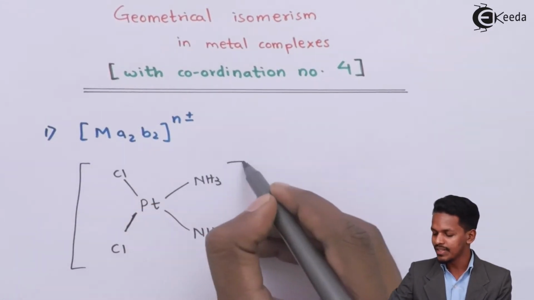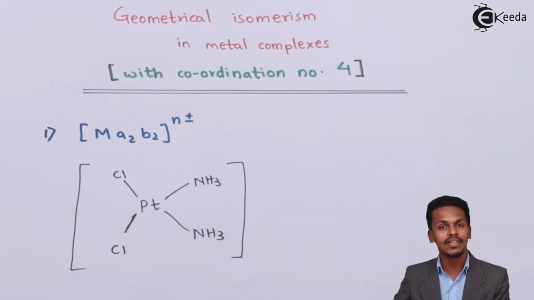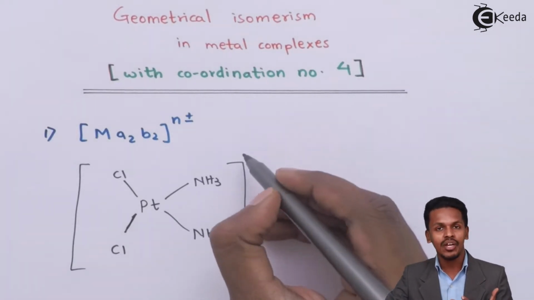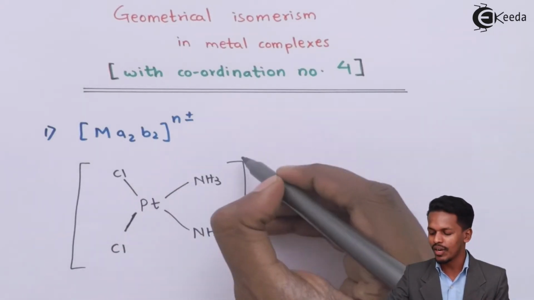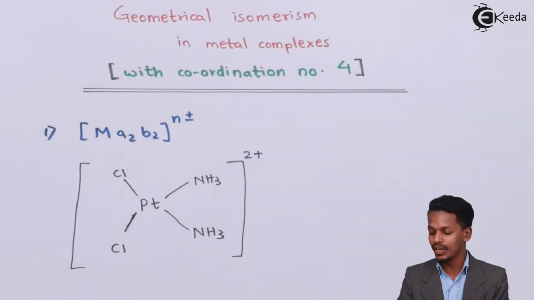Since it is a complex, I represent it with a square bracket, and it will have a charge. Since the ligand has a negative charge, I could write it here as 2+, just for an instance.